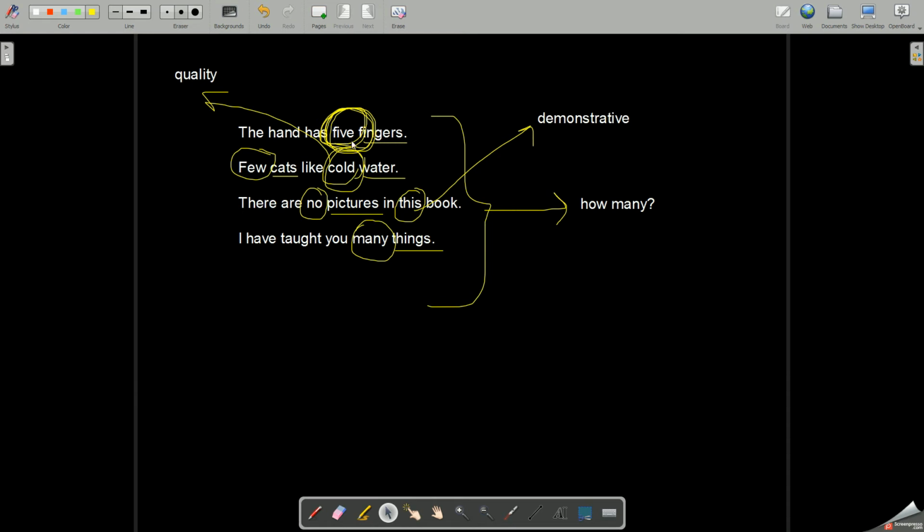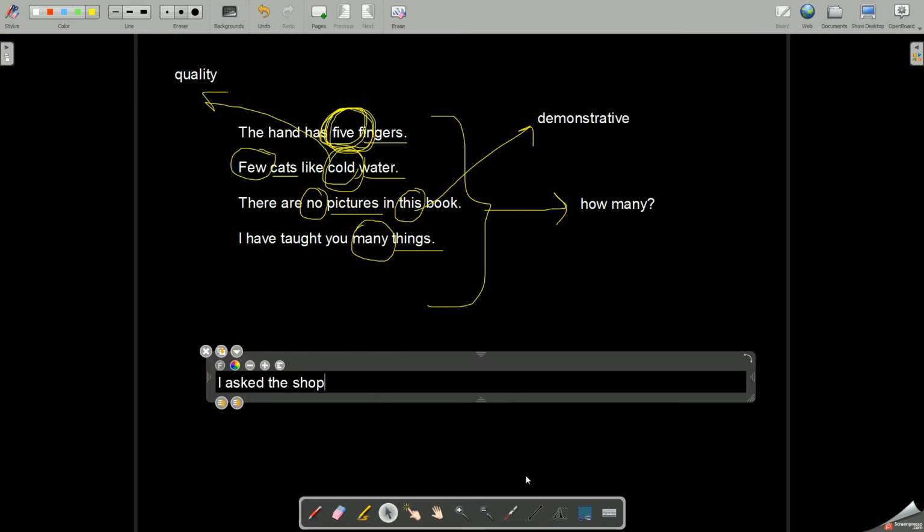So you can use all these words to describe all those nouns which can be counted. Now you cannot measure fingers, cats, pictures, or things. These are discrete things which are counted as individual units. I can give you another example here.